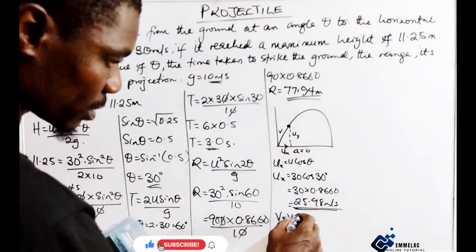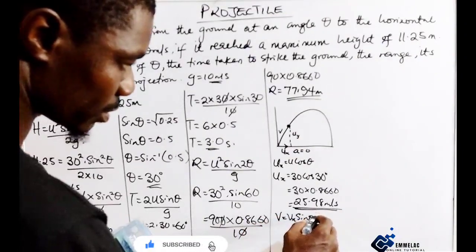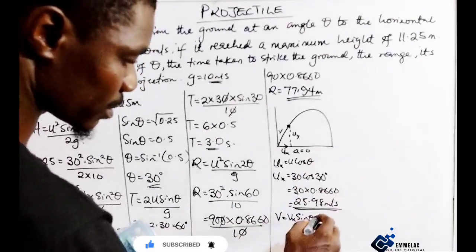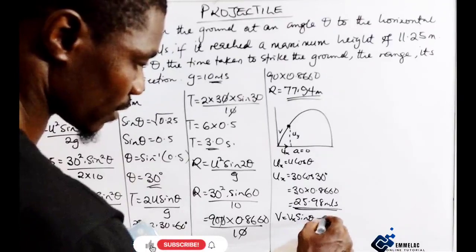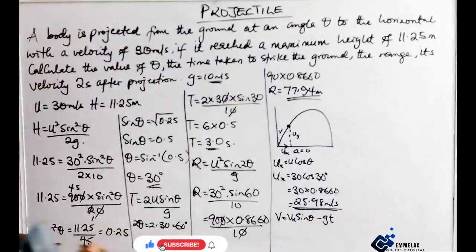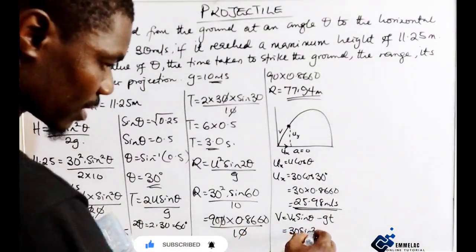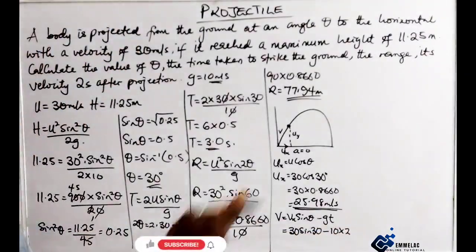But for the vertical component, we should have u sine theta minus gt. So here we have 30 sine 30 minus 10 times the time, 2 seconds.